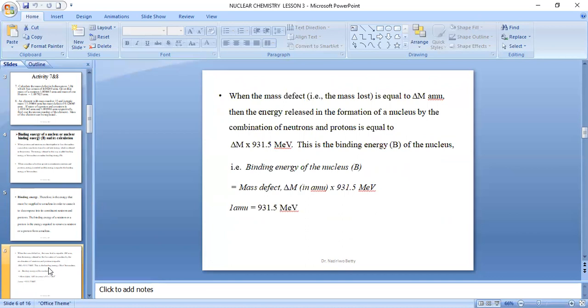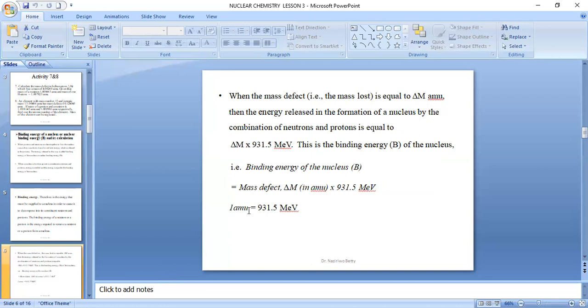The mass defect is equal to change in M. Change in M, we said, is the total mass of all the particles in the atom minus the actual mass of that very atom. Then the energy released in the formation of the nucleus by the combination of neutrons and protons is equal to the mass defect times 931.5 MeV.